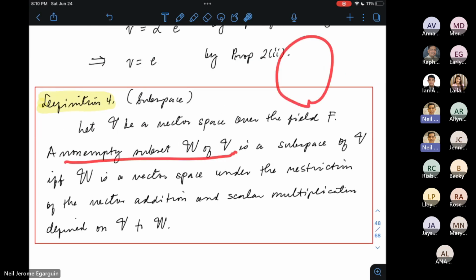So non-empty subset siya, kung ito si V, kukuha ka dyan ng W sa loob niya. Tapos kung si W ay isang vector space din, under the same vector addition and scalar multiplication, then we say W is a subspace of V. Okay, so isa lang siyang mas maliit na vector space. But again, the important thing here is that the vector addition and scalar multiplication for W should be the same as V. Okay, hindi kayo pwedeng magbago ng operation.